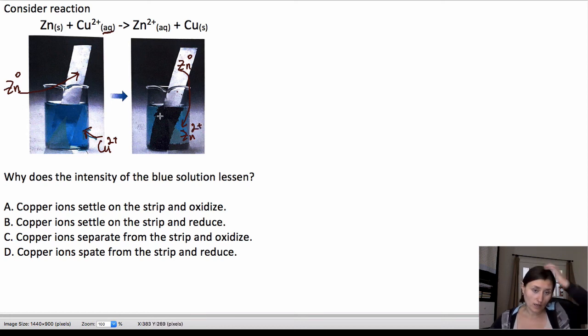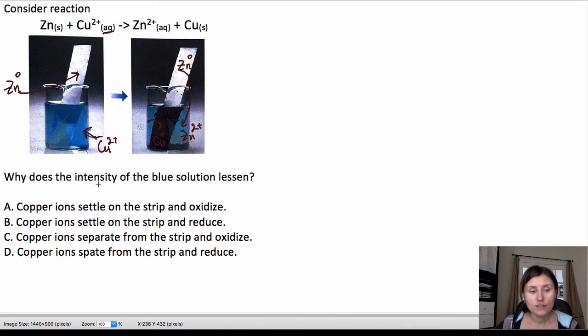And then part of the copper that is liquid is going into solid. So this liquid copper is going into solid, and it becomes copper with 0 charge. So this is what's happening.